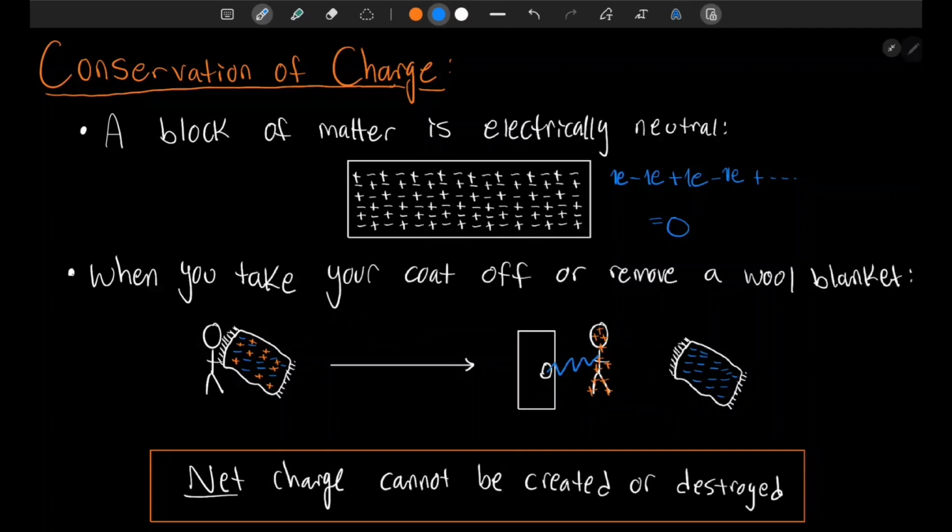When you're rubbing the blanket, it's not that you're creating electrical charge on the blanket or on yourself. What's really happening is that some electrons from your body are just moving from one place to another, which leaves your body in an excess positively charged state. So that when you touch a piece of metal, you get shocked as your body goes back to being electrically neutral.